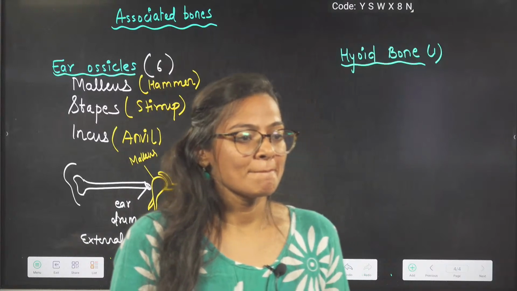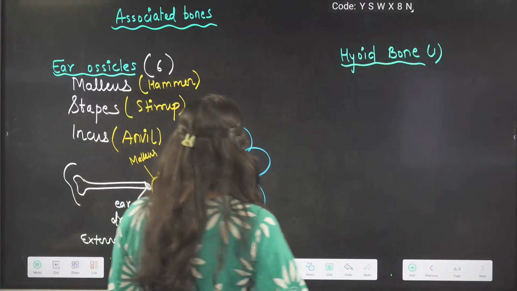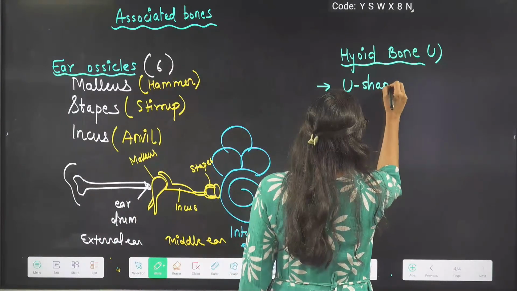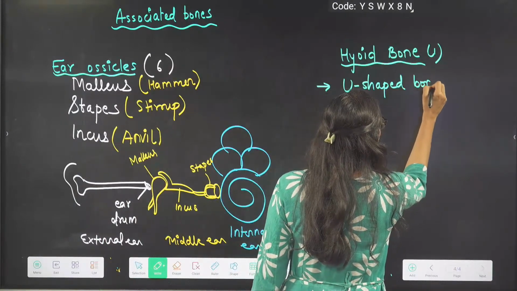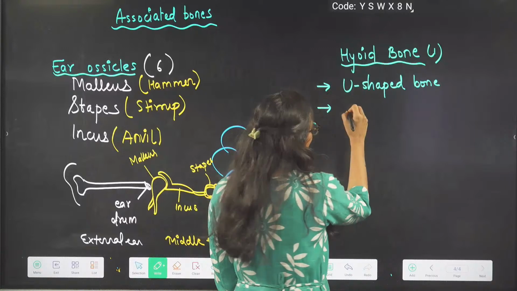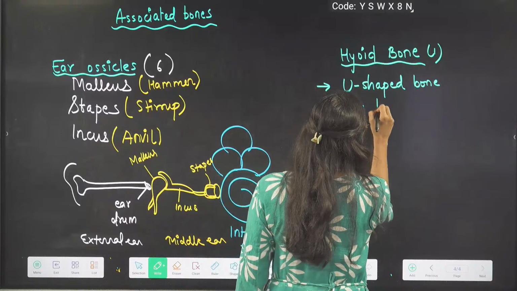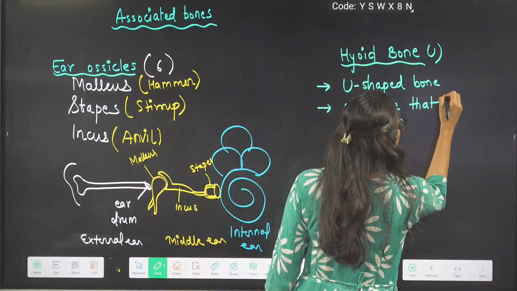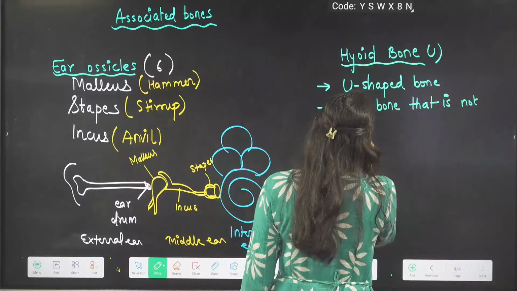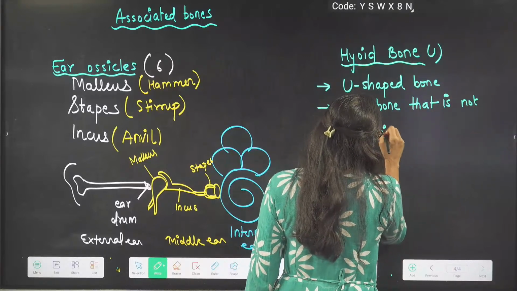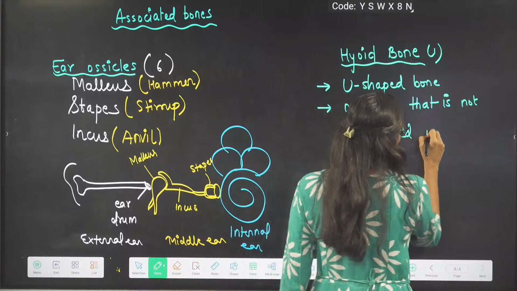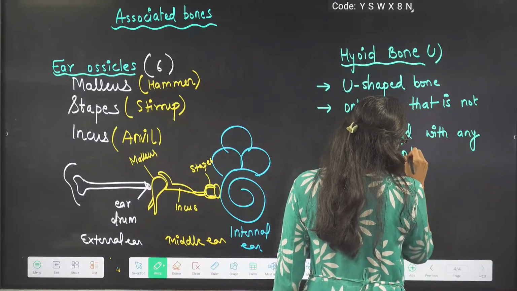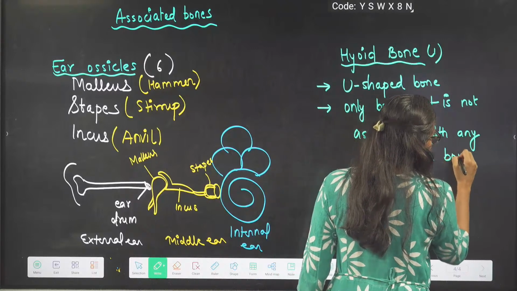Okay. One special point about this. First, it is a U-shaped bone. And second, it is the only bone that is not associated with any other bone.